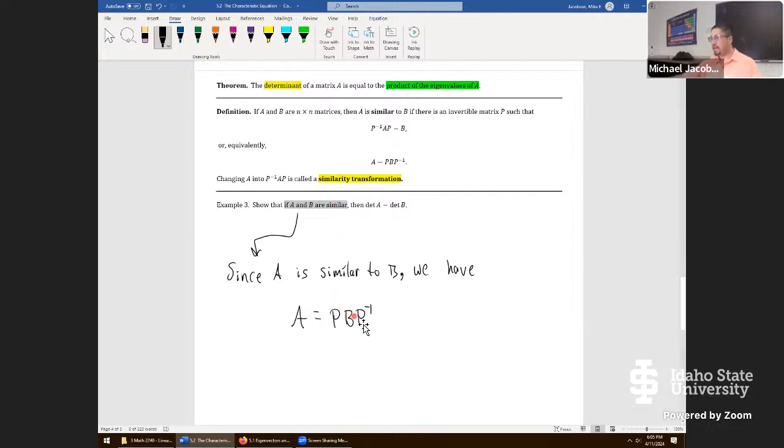And although it's kind of implied that P is an invertible matrix the moment we wrote that, it's not a bad idea just to say here, where P is invertible.